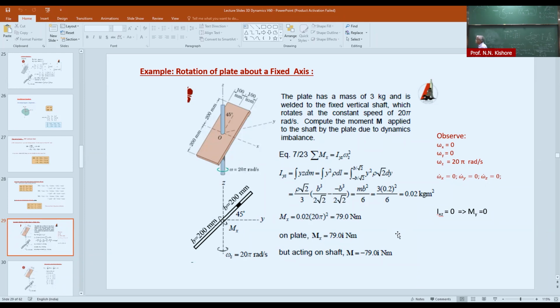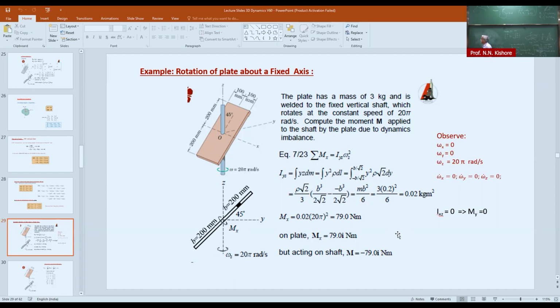So that means that you require the product of inertia of yz. So Iyz is nothing but the integral of yz dm, and you have to do it along the length of the plate. This is at 45 degrees, so you can replace z by y, and y squared rho dl. dl can be written as √2 dy, so everything is in terms of y and dy.